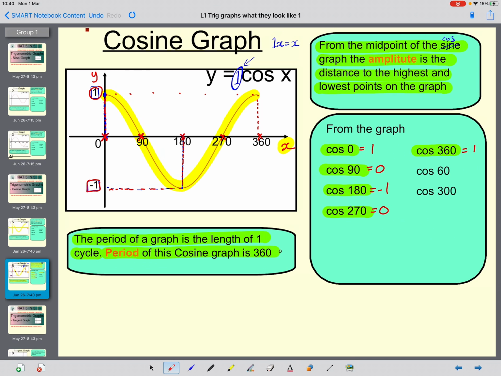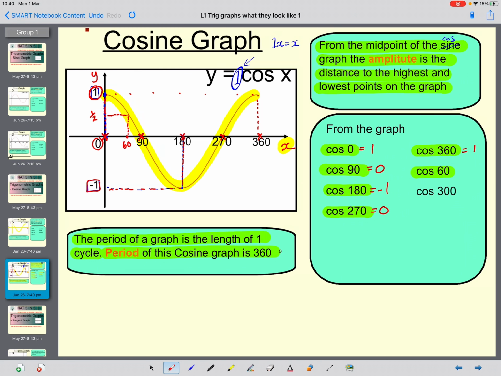I just wanted to show you a little bit of this here. If you type in cos 60 in your calculator, you should get an answer of 1/2. So 60 is maybe about here. You go up to the graph and go along. That is 1/2, which makes sense because this is 0 here and this is 1 up here, so it's halfway between.